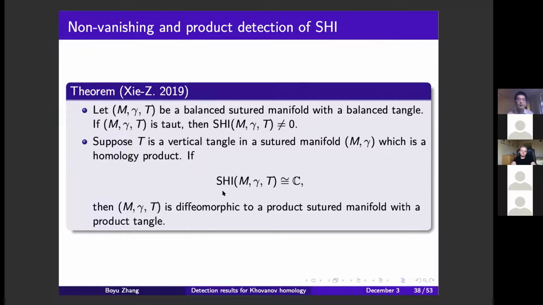And second, if the sutured instanton Floer homology has rank 1, then this triple has to be given by the product of an interval with a punctured surface. In some sense, these two statements are analogous to the tautness detection results and the fibration detection results of the other versions of Floer homology theories.